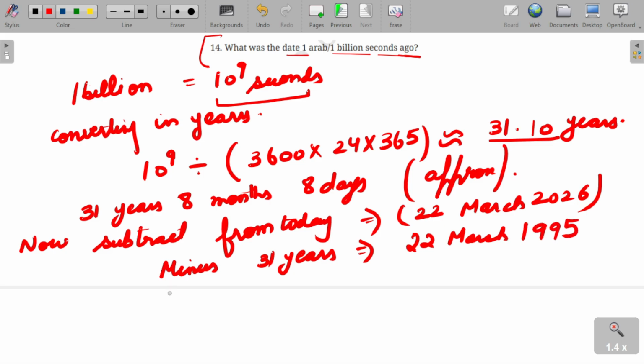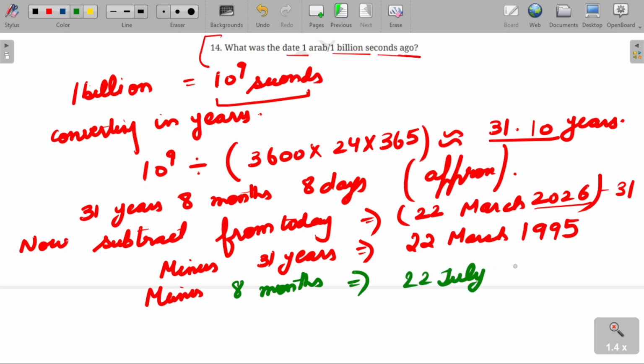Obviously, from 2026 we subtract 31. Okay. Now minus 8 months. It will be 22 July 1995. Okay. This is March month. When we subtract 8 months, we get July here.